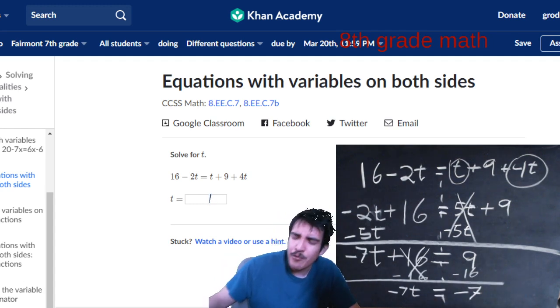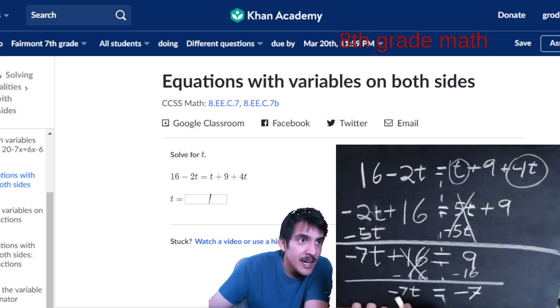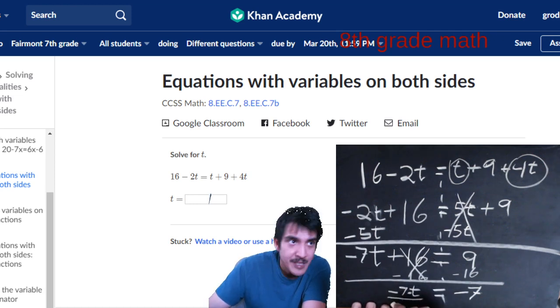No. We almost have y by itself. We just have to do one final step. To get rid of this negative 7 coefficient, keep in mind that it's being multiplied right now. Okay? How do we get rid of that minus 7 coefficient? Some people at home are probably saying divide, divide, divide. Yes.